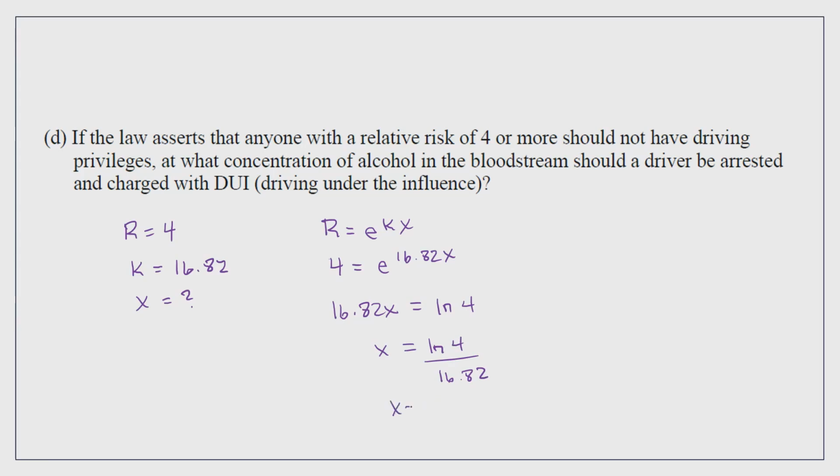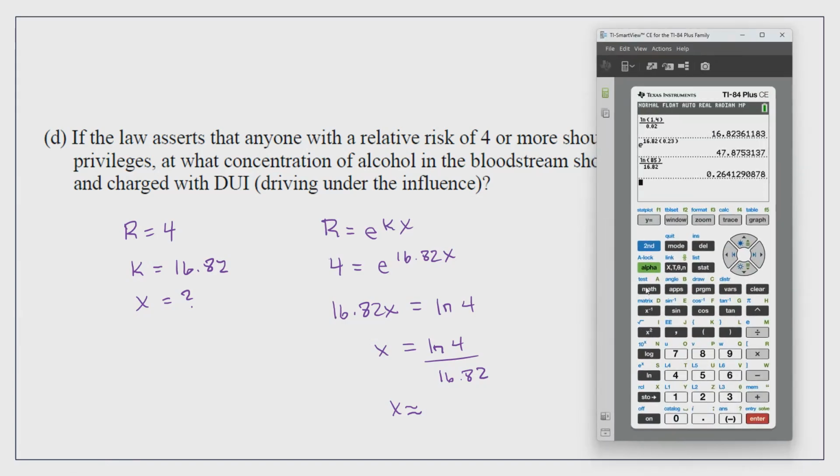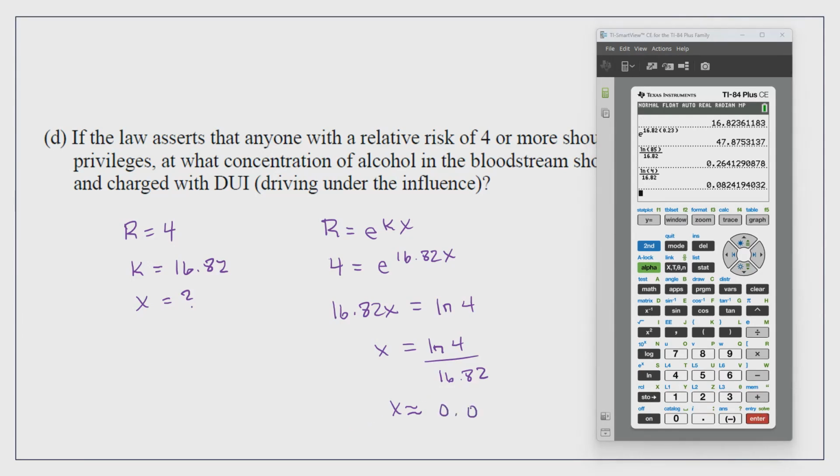So then x is approximately a value that we'll use our calculator to help us find. So we'll take natural log 4 divided by 16.82, enter, and we will get 0.08 to 2 decimal places.